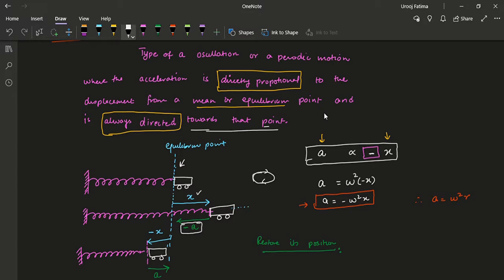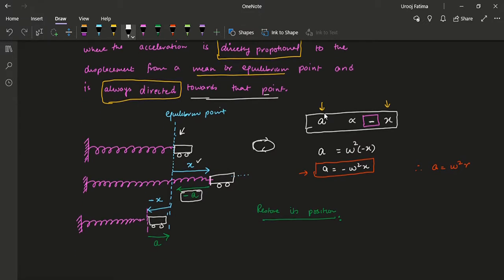Now, if we look at this part where it moves to the extreme left, we realize that x is negative, so it's moving in the opposite direction to what we took as positive, and then the acceleration will try to restore it to its position, and it is going to act again towards the equilibrium point.